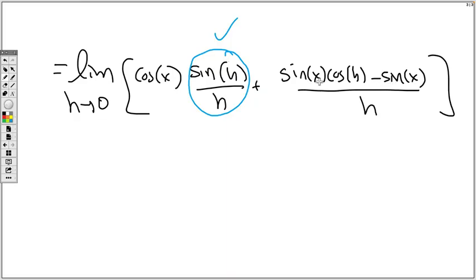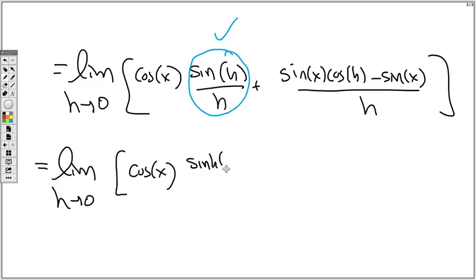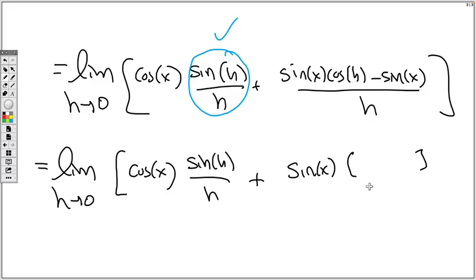What can I factor out of both of these terms? So what can I factor out of those two? Sine. And then what would be left in the numerator? What would I have left? Cosine h minus 1.